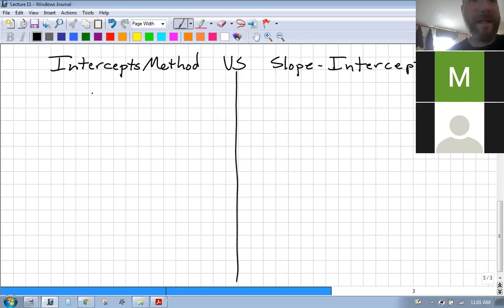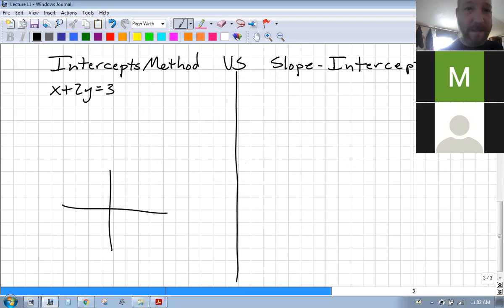So let's look at an example. What if I have 1x plus 2y equals 3? Okay, this is going to be our function, our equation. The intercepts method is where you find both intercepts. So if the graph looks like this, you're finding these 2 points, the points where they intercept your x and y axis.